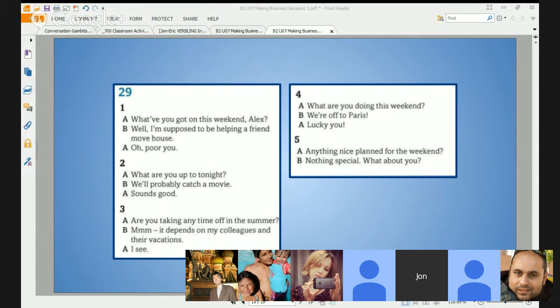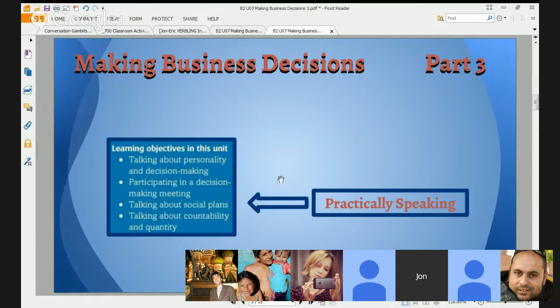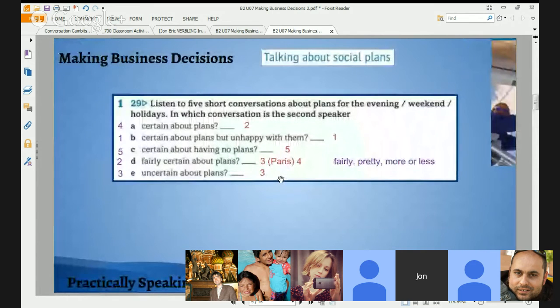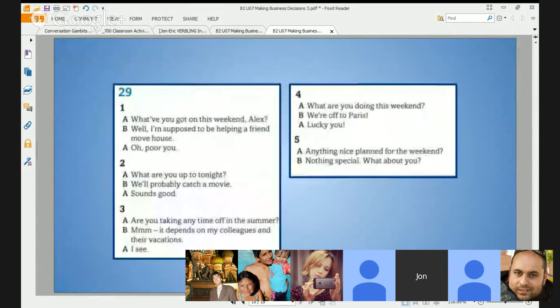One second here. Again, oh my God, I'm having problems with my PDFs today. This is slide 4.